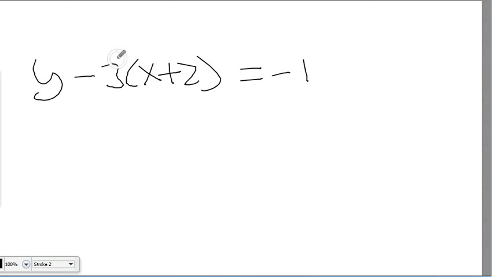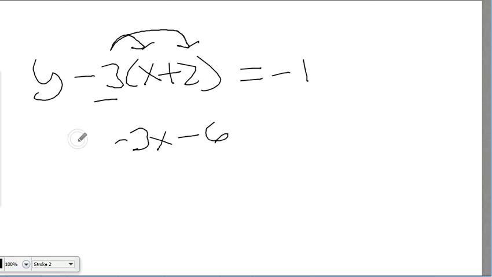So in order to put this equation in slope-intercept form, you first need to distribute this negative 3. So that's going to be negative 3x minus 6.